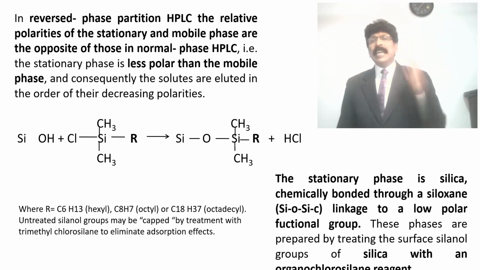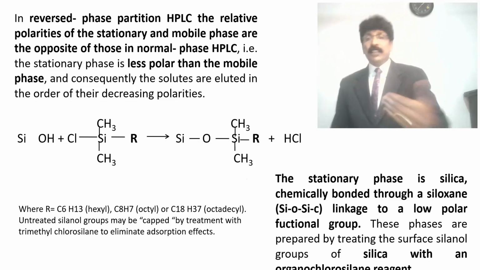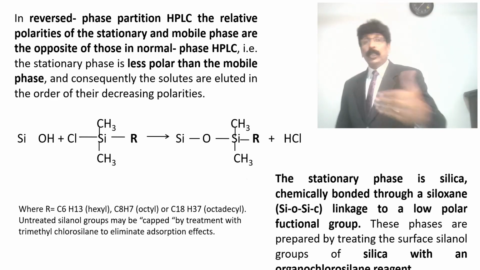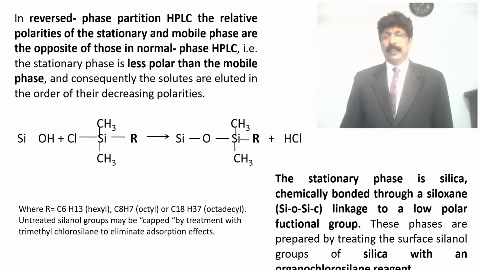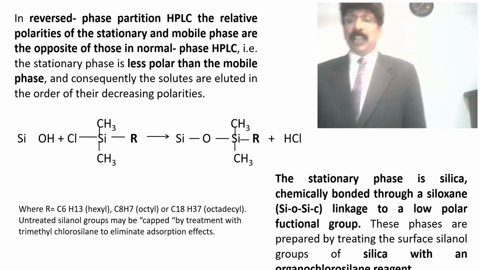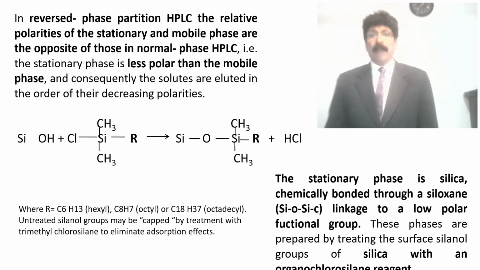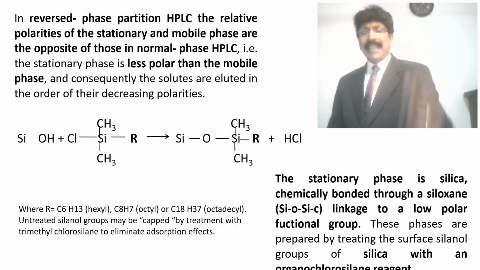So the stationary phase is silica chemically bonded through a siloxane Si-O-Si-C link to a lower polar functional group. These phases are prepared by treating surface silanol groups of silica with an organochlorosilane reagent.